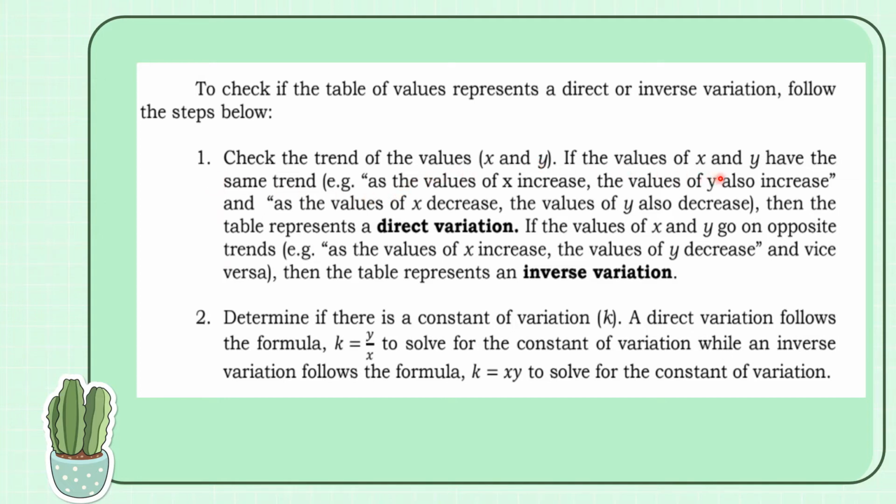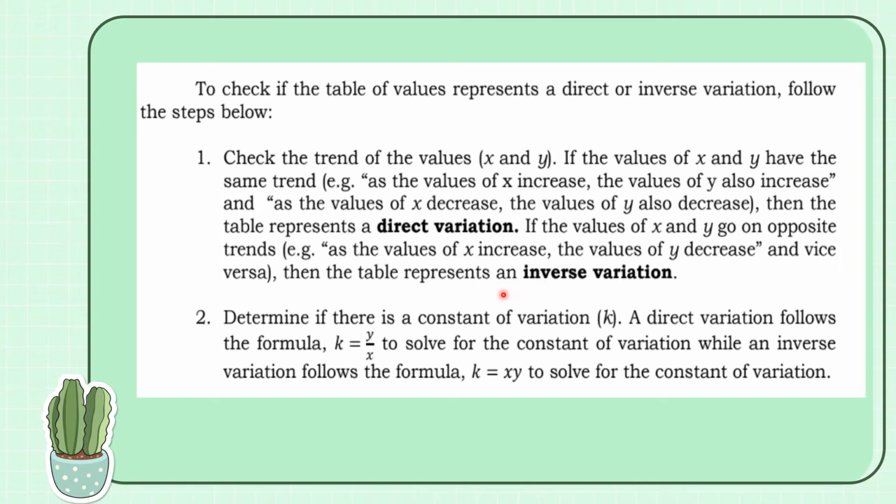If the values of x and y have the same trend, for example, as the value of x increases, the value of y also increases, and as the values of x decrease, the values of y also decrease, then the table represents a direct variation. If the values of x and y go on opposite trends, for example, as the values of x increase, the values of y decrease, and vice versa, then the table represents an inverse variation.